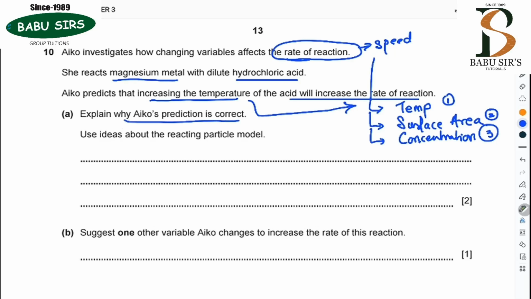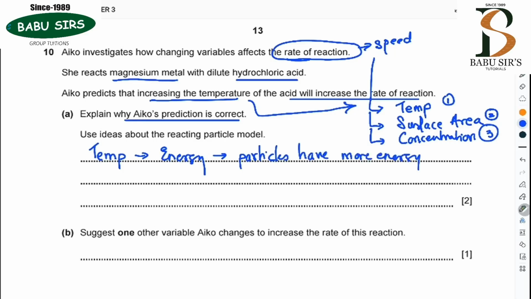Explain why it will increase. So when you increase the temperature, you increase the energy. So what will happen? The particles will have more energy. And because they have more energy, they will collide faster.